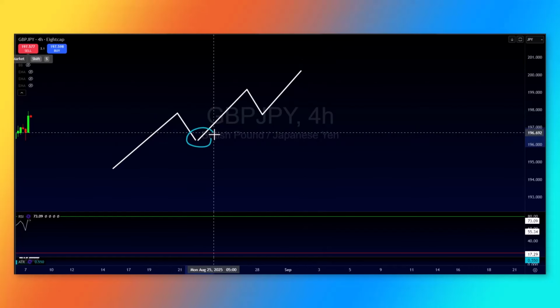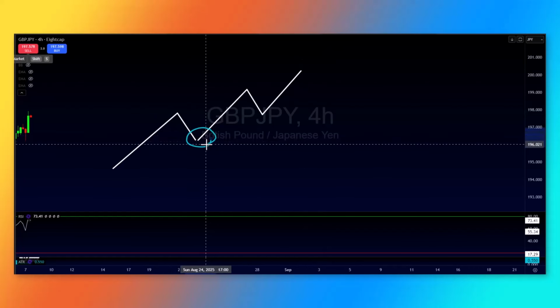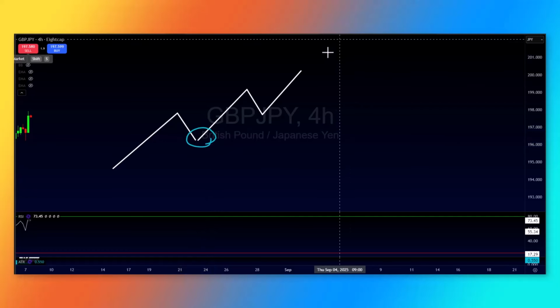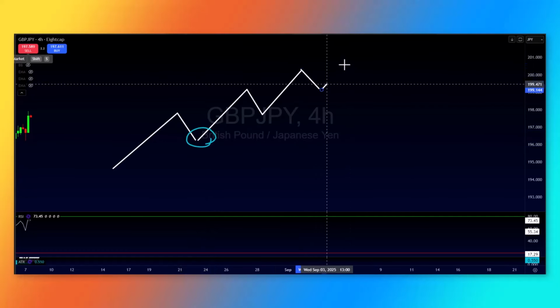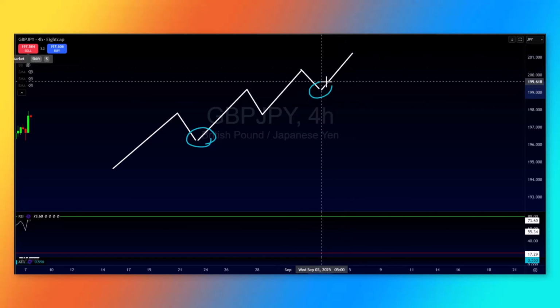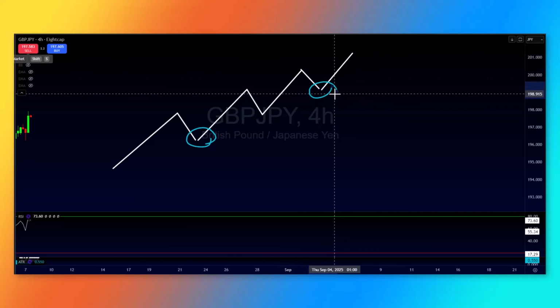Can you enter a trade here? Sure. Can you enter a trade here? Sure. Here's the thing. When we look at a trend and we look at an entry specifically, how many of you guys are counting waves and saying, okay, oh no, this is the third wave or the fifth wave, so I can't enter this?